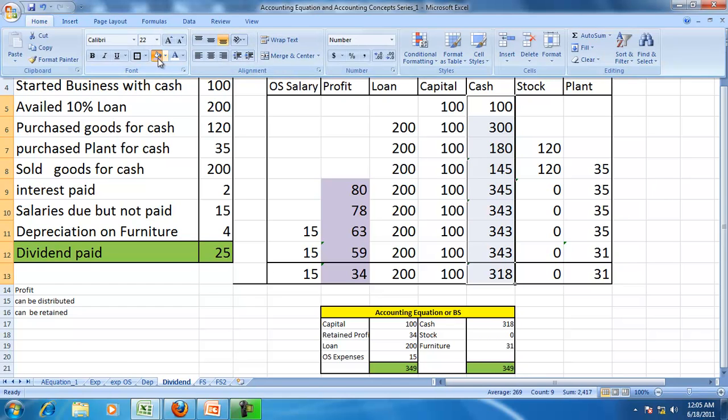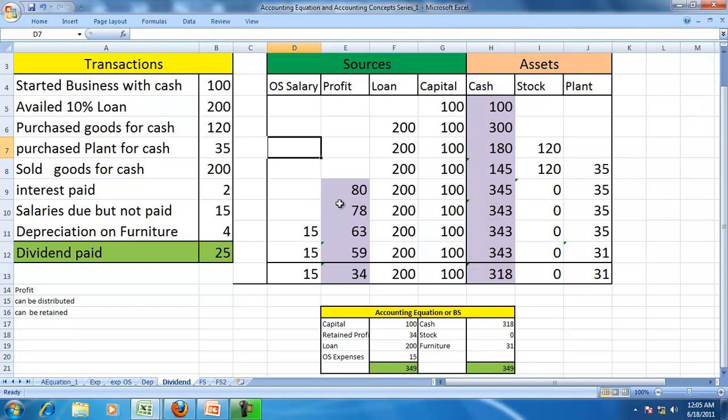So why is this cash and the profit changing? To understand that, they say that along with the balance sheet you have to prepare an income statement which will show the profit and a cash flow statement which will show all the transactions relating to the cash.